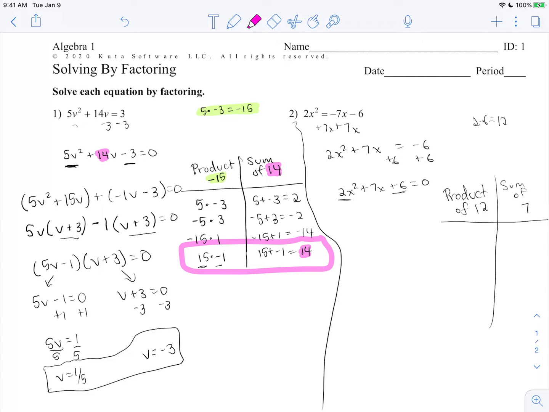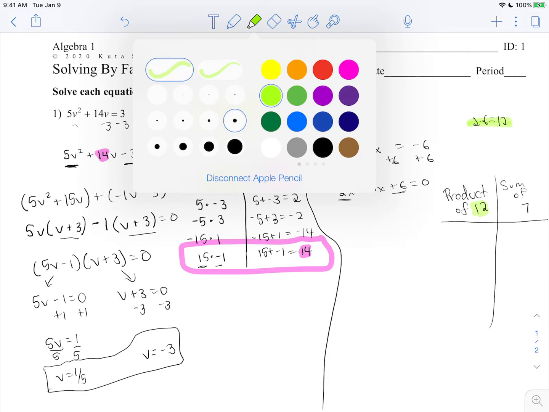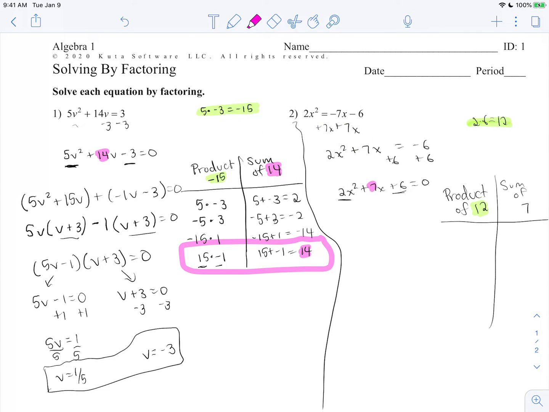The product of 12 we get from multiplying those together, and the sum of 7 comes from this middle term right here. So for a product of 12, we have 6 times 2. That multiplies to make 12, but those add to 8, so that's not it. You have 4 and 3. Those multiply to 12, and 4 plus 3 adds to 7, which is what we're hoping for.